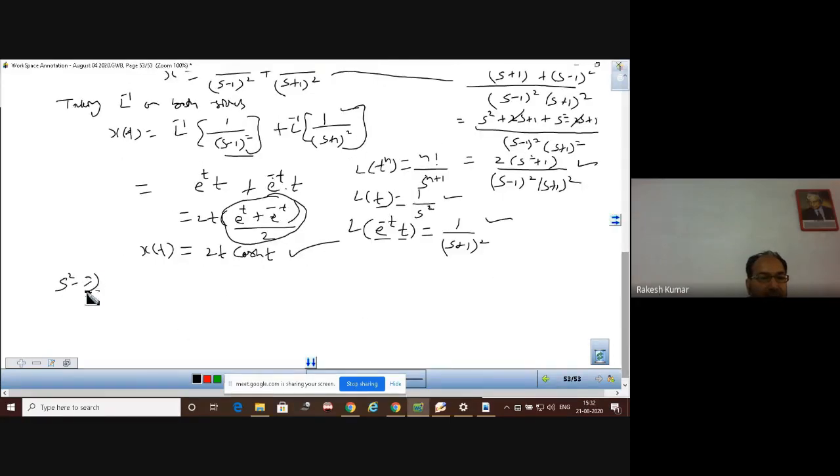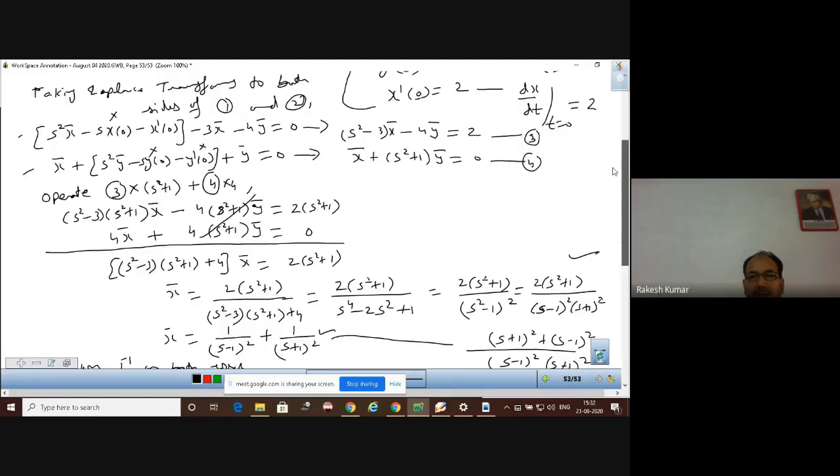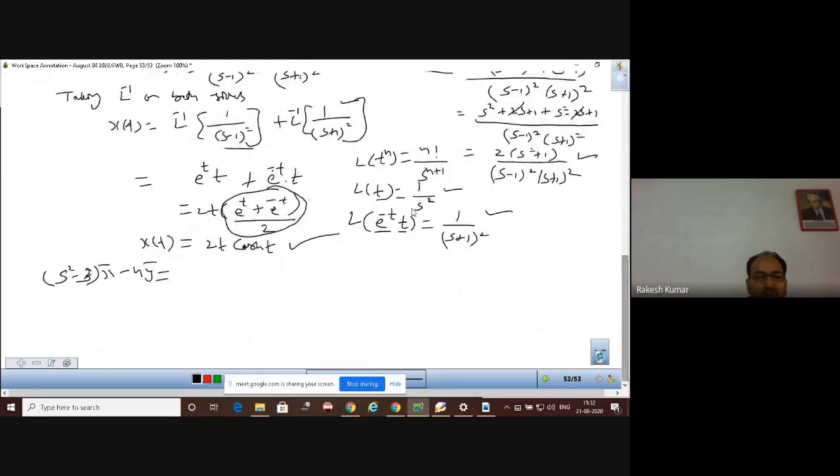Again, that is (s square minus 3) into x bar minus 4y bar is equal to 2, and this is x bar plus (s square plus 1) into y bar is equal to 0. These are your equations 3 and 4.